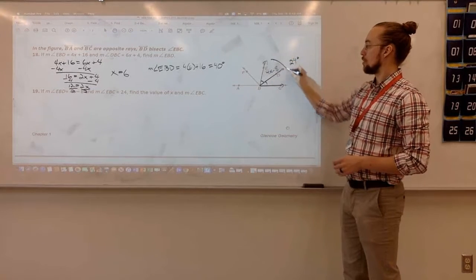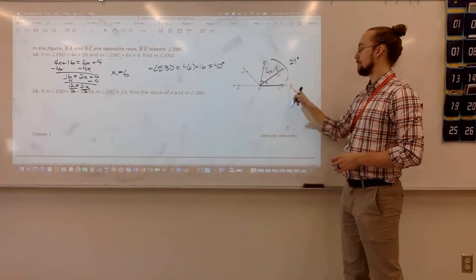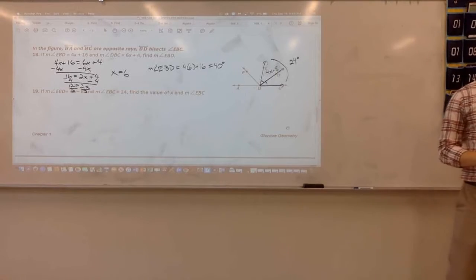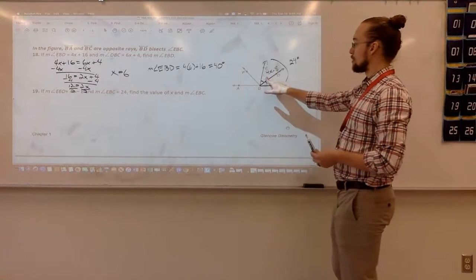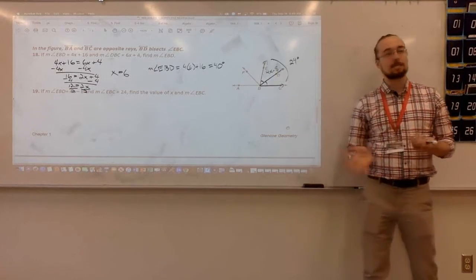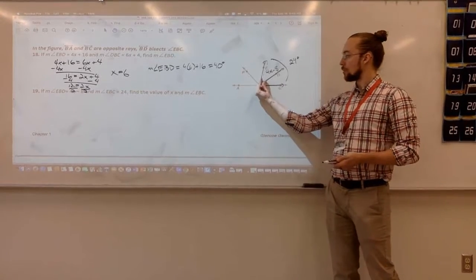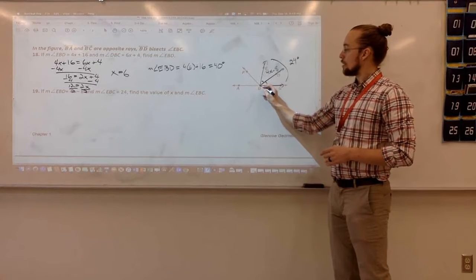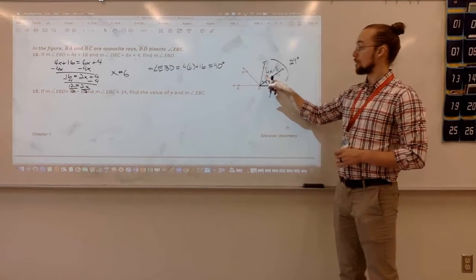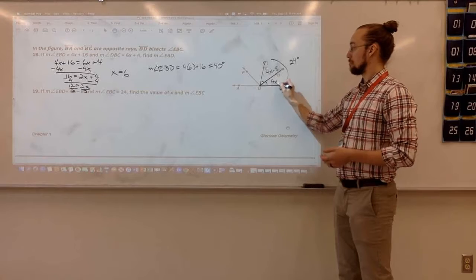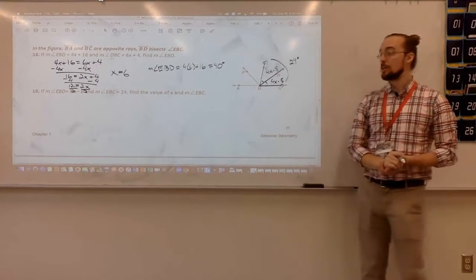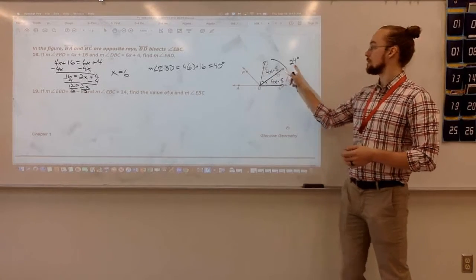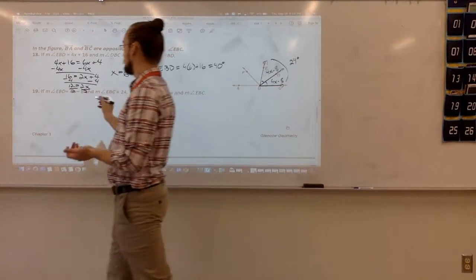I think a lot of people were tempted to say 4x minus 8 equals 24. That's not the case here, right? This angle isn't equal to this angle. But what I do know is if this angle is 4x minus 8, that one's 4x minus 8. So what we could do is say 4x minus 8 plus 4x minus 8 equals 24.